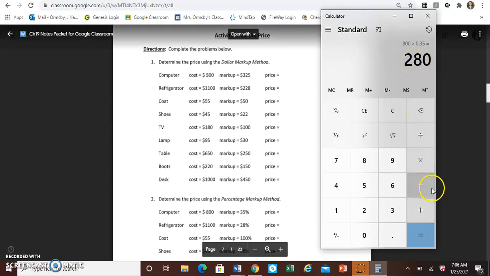And then we would add back in 800, so it would give us 1,080. Now there's another way that you could do this, to skip that last step of adding it back in. You could take 800 and multiply that by 1.35 and it'll give you the same answer.